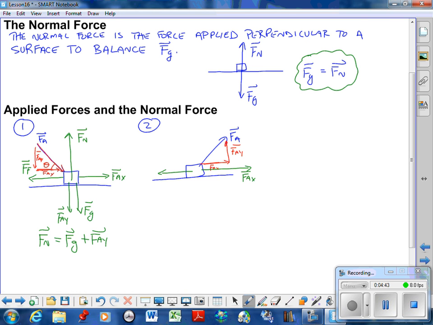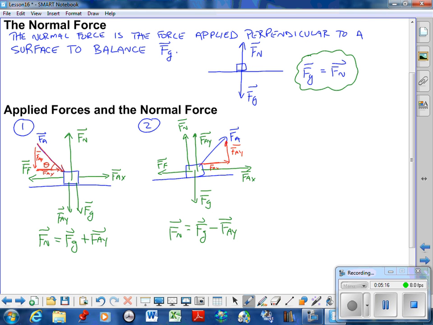And yes, you do have your force due to friction, which at this point is not overly important for me. We have force due to gravity down, and now we have a force from you pulling upward on the handle. You're still going to have a normal force unless you are pulling more than the force due to gravity. So now your normal force, Fn, is equal to force due to gravity minus Fay.